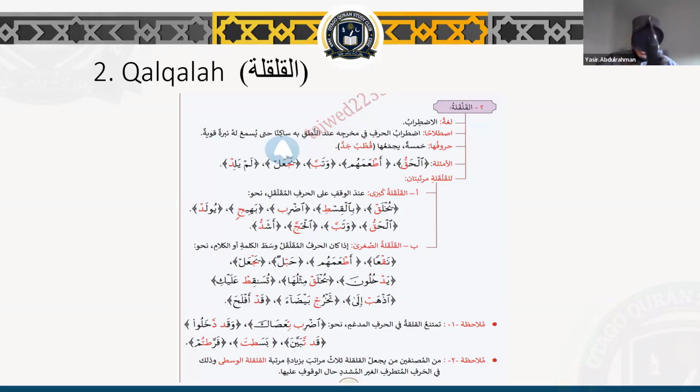Now we go to some common mistakes that happen when you pronounce the qalqala. The first one, we already discussed in the beginning when I introduced it. We said some people add harakat to it. So instead of saying laqad kana, I say laqadi kana, right?